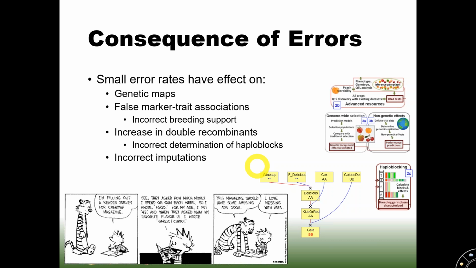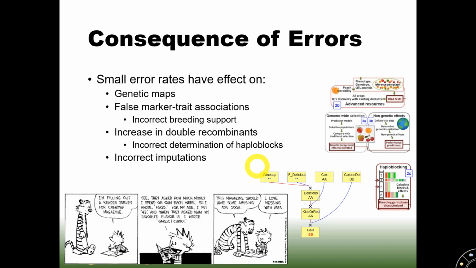Then you might think that you can combine both resistance alleles on a single chromosome, when actually you cannot. So you might start making breeding decisions or strategies based on false maps. So you want to get your data as clean as possible.